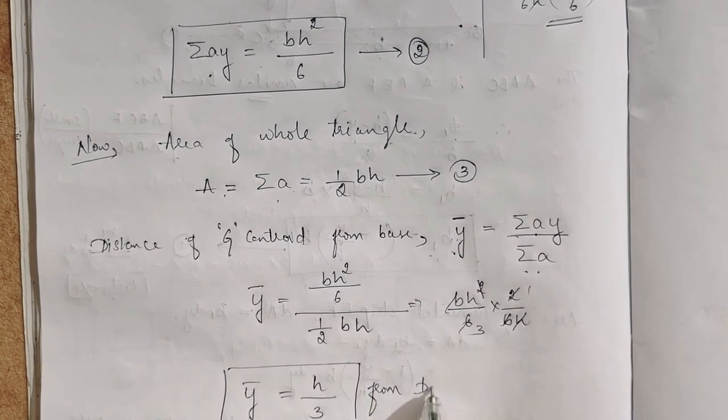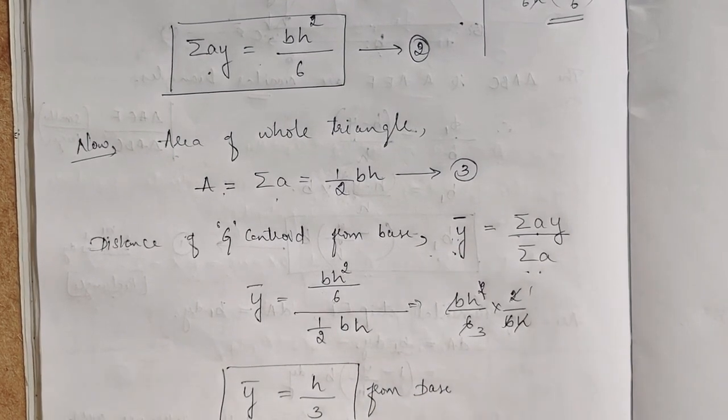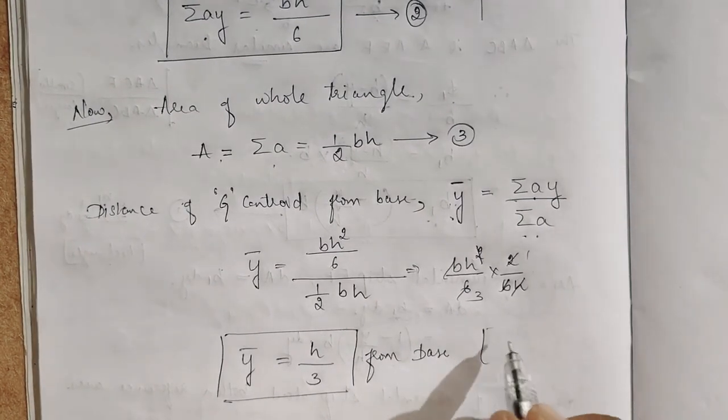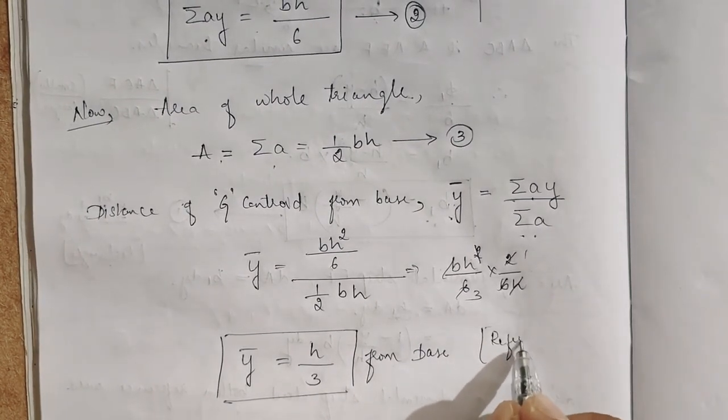From base. Okay, h by 3 is from base because the reference point we took is the base.